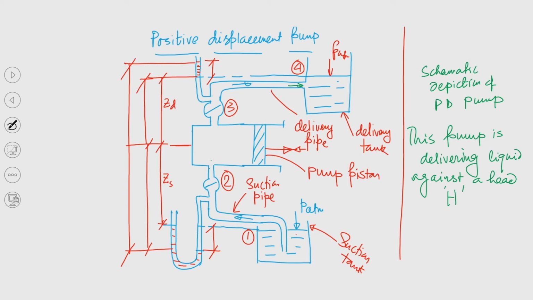If the pressure goes beyond the vapor pressure at that prevailing temperature, then cavitation will start, and that phenomenon may lead to severe operational issues and damage to the system. We have discussed this topic in detail in previous classes.